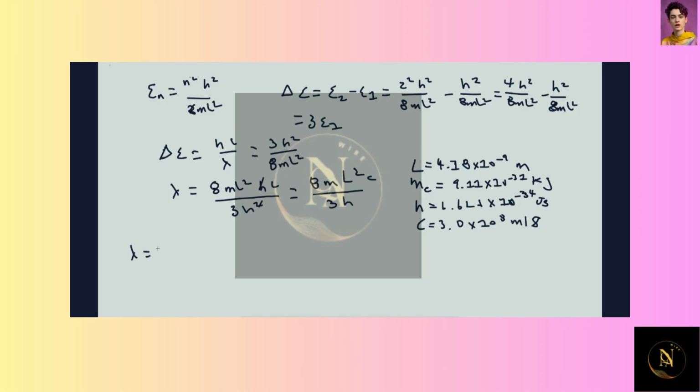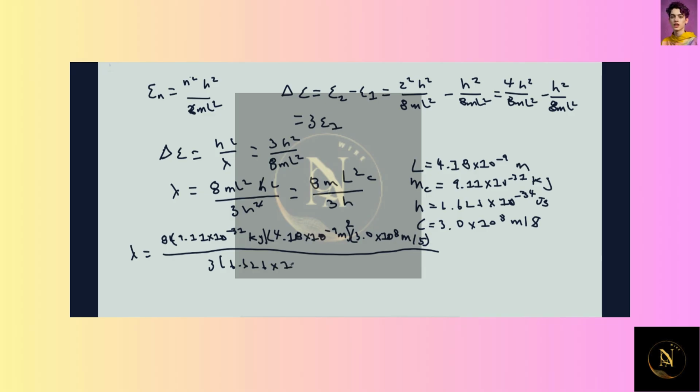Lambda is equal to 8 times 9.11 times 10 to the minus 31 kilograms times 4.18 times 10 to the minus 9 meters, squared, times 3.0 times 10 to the 8th meters per second, over 3 times 6.626 times 10 to the minus 34 joule seconds.